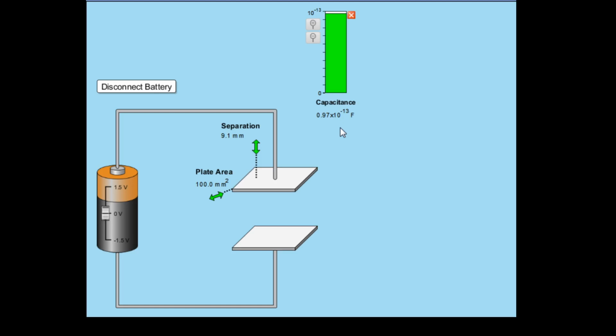So we find that capacitance is directly proportional to the cross-sectional area, or plate area, of the capacitor, and the capacitance is inversely proportional to the distance of separation between the plates of the capacitor.